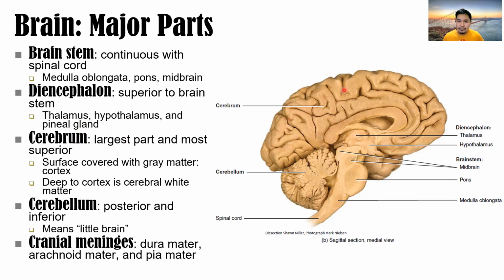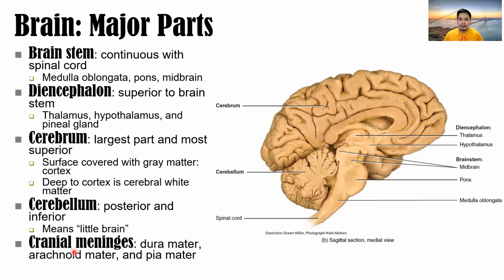Your cerebrum is the largest and most superior part of the brain. The surface is covered with gray matter, your cortex, the outer part, and deep to the cortex is the cerebral white matter. The cerebellum is the posterior and inferior part of the brain, which means little brain. It looks like a little brain.